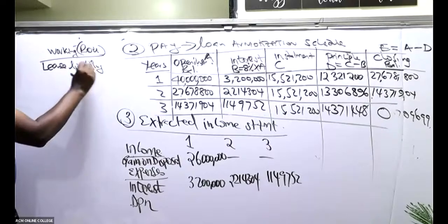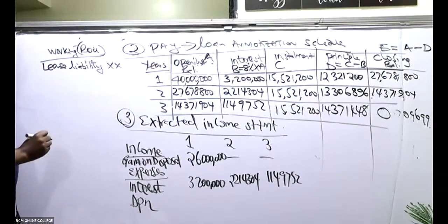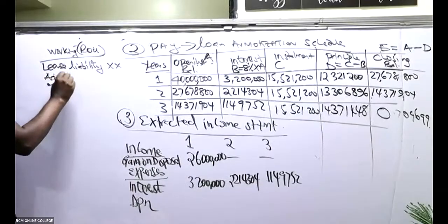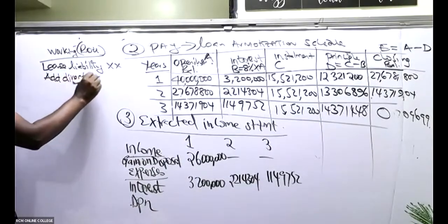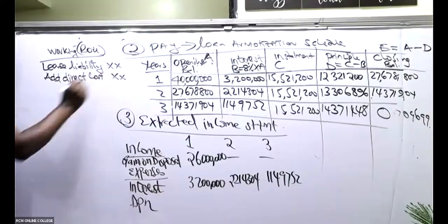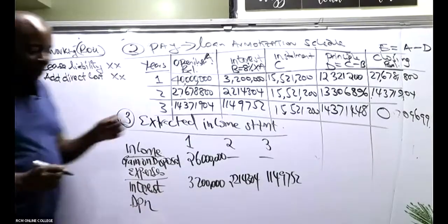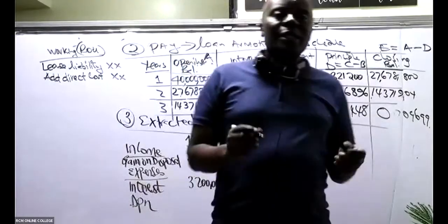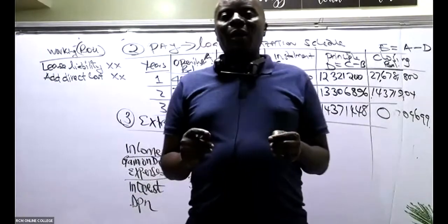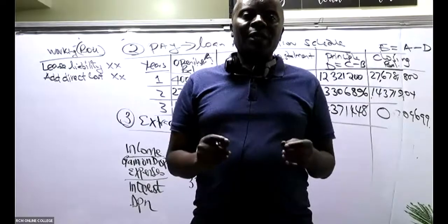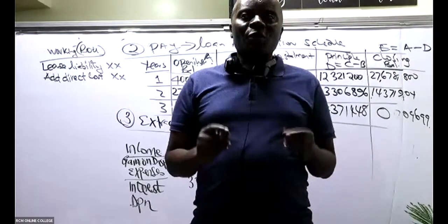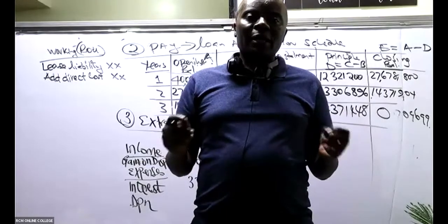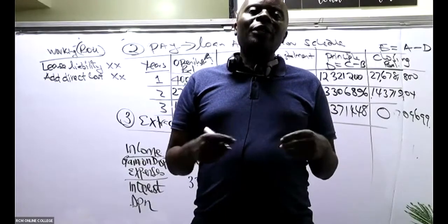The lease liability, like that. You will add any direct costs, any direct costs you incurred. So for example, like ourselves, once we leased this space from the landlord at Stanbank, there are those direct costs.